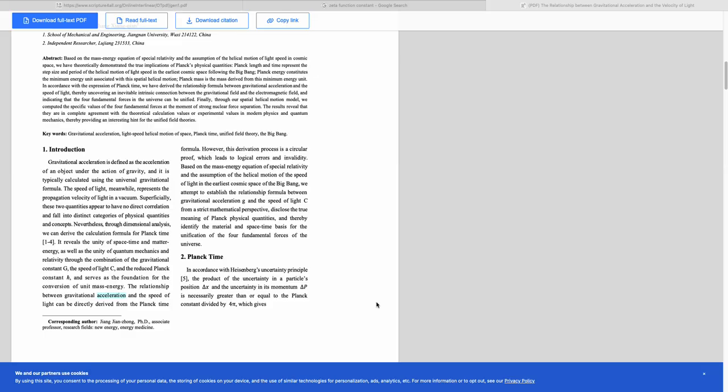So, yeah, the relationship between gravitational acceleration and the speed of light can be directly derived from the Planck time formula. However, this derivation process is a circular proof, which leads to logical errors and invalidity.